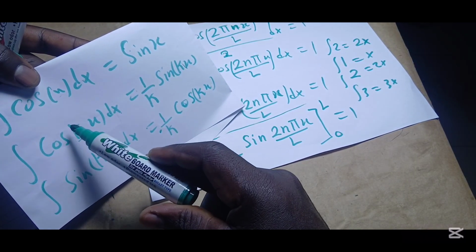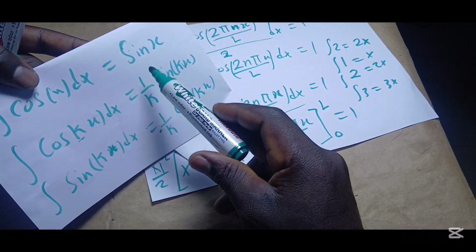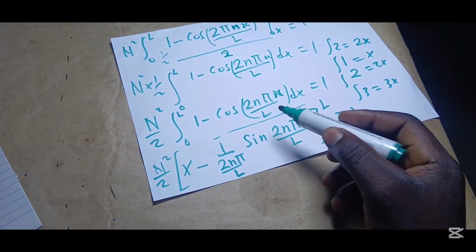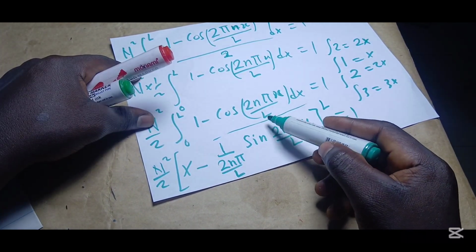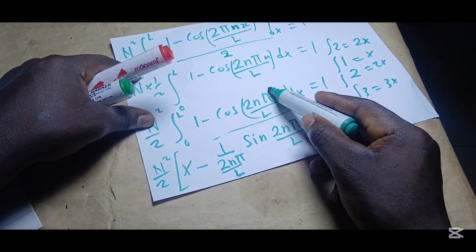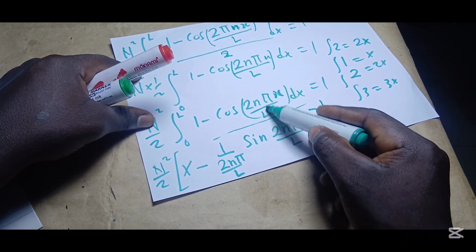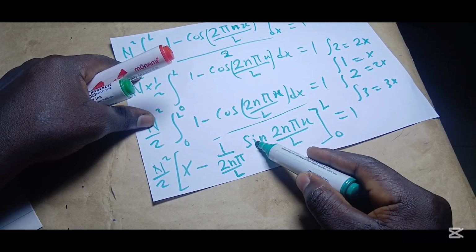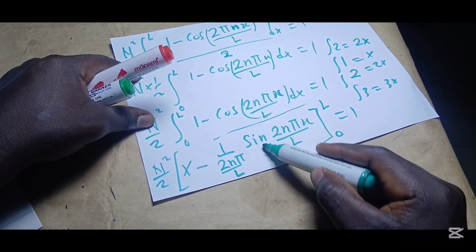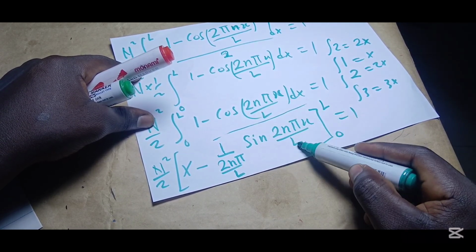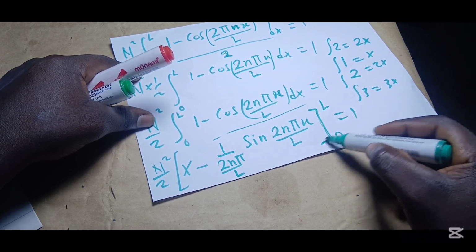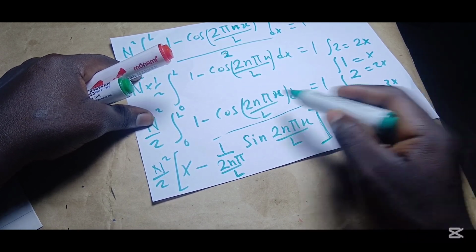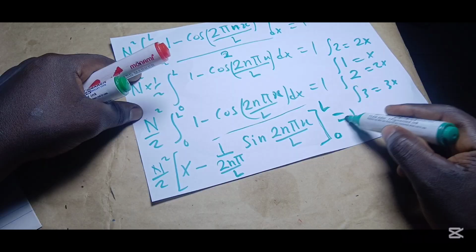Whatever is here apart from the variable in concern, 1 over that, then sine kx. So here we have 2n pi x over L. So apart from the variable x, 2n pi over L. So 1 over this, 1 over 2n pi over L, sine 2n pi x over L. Then we now bring in the limit from 0 to L equal to 1.